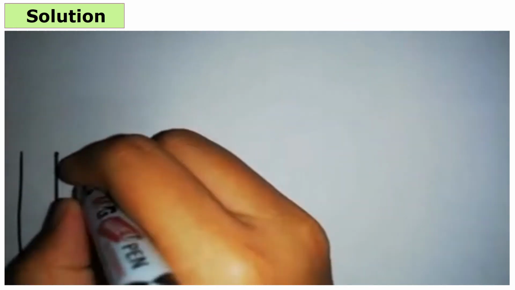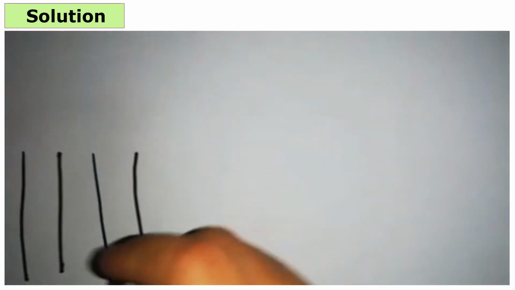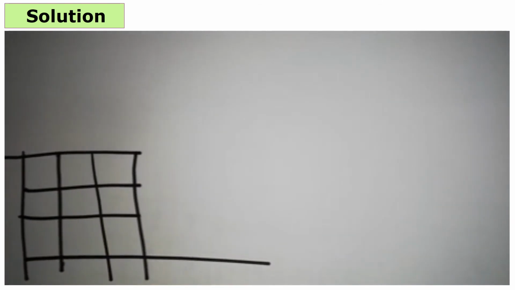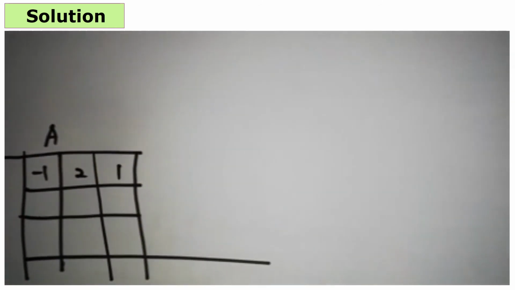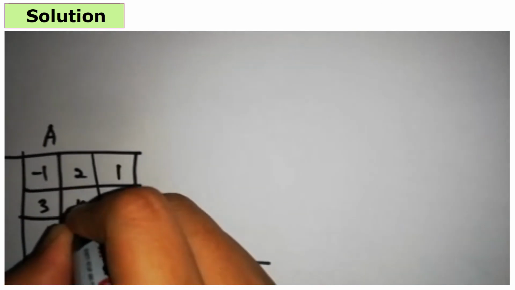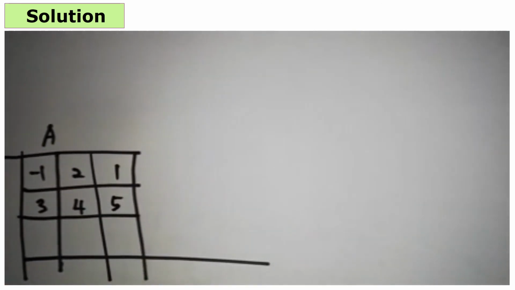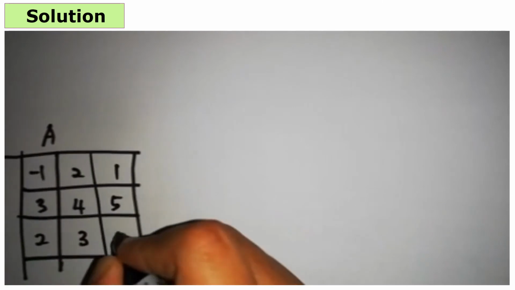So we have matrix A. The elements are -1, 2, 1. You just write down your matrix A: 3, 4, 5, 2, 3, 1.